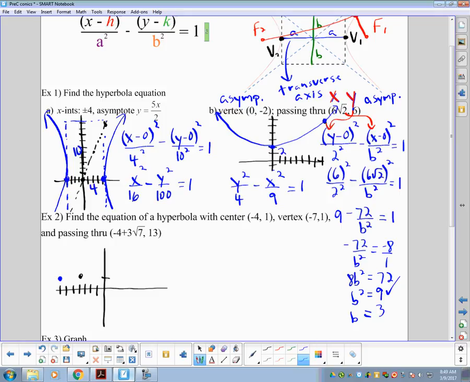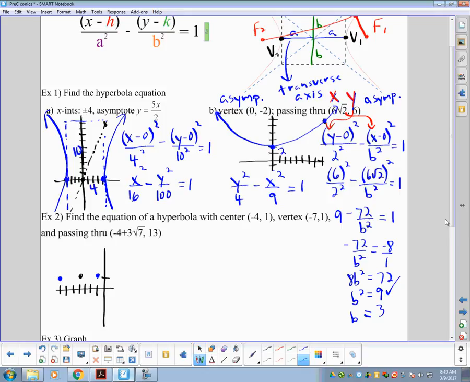So based on the fact that this is the center and this is one of the vertices, can you tell me one other vertex? And it's 1, 2, 3 over, so -1, 1 is another one. Can you tell me which way it opens? Left, right, yeah. Because it's got to be in line with where the vertices are located.